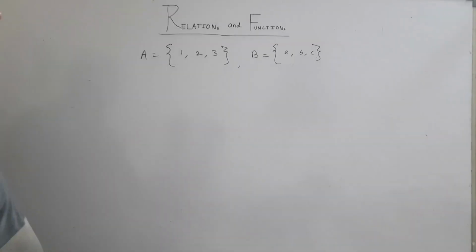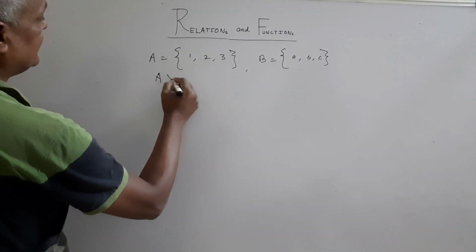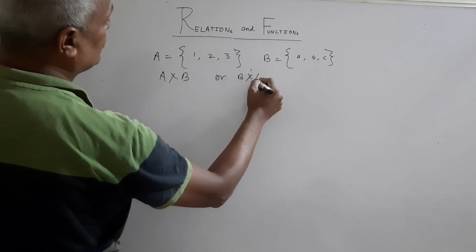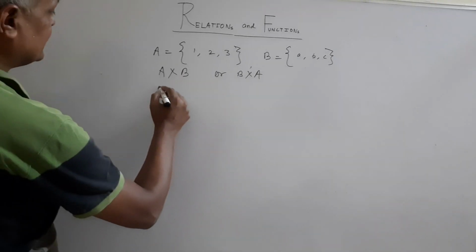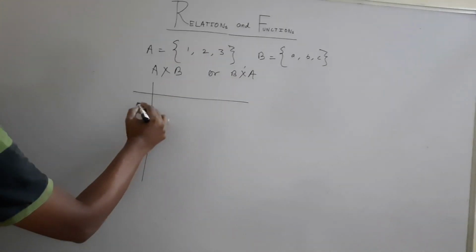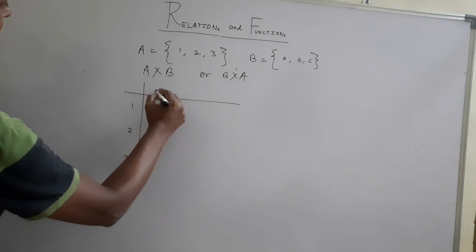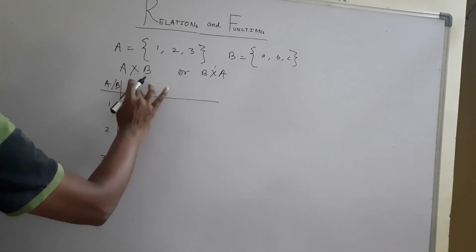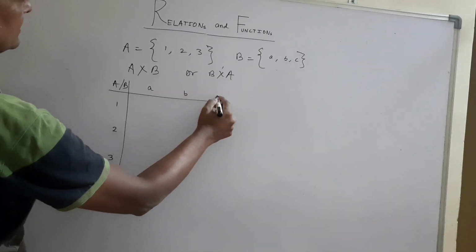Now we'll find the Cartesian product, which is called A cross B, or we can also have B cross A. What is A cross B? If you like the grid structure, you can plot A as 1, 2, 3 here, and B as a, b, c.